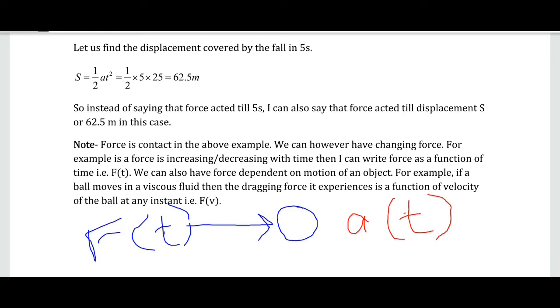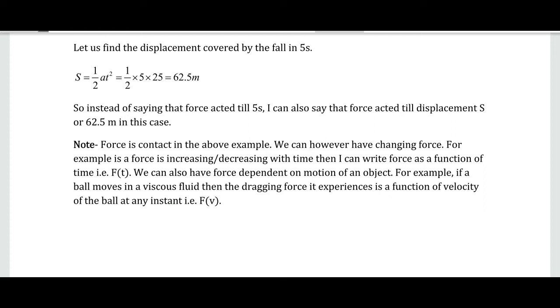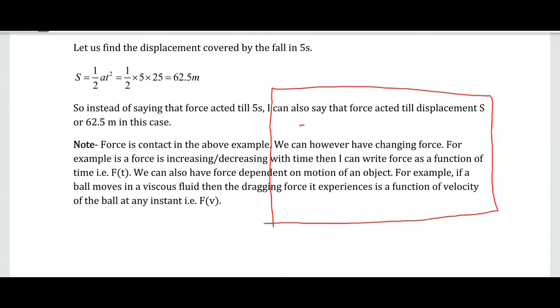One type of force is the force that is generated when a ball moves through a liquid. For example, consider this is a vessel, and consider this is water. Yeah, you can imagine all types of weird stuff.